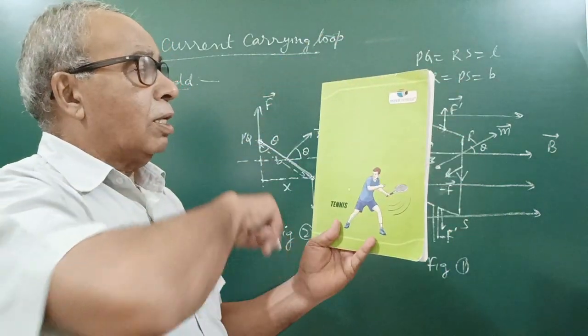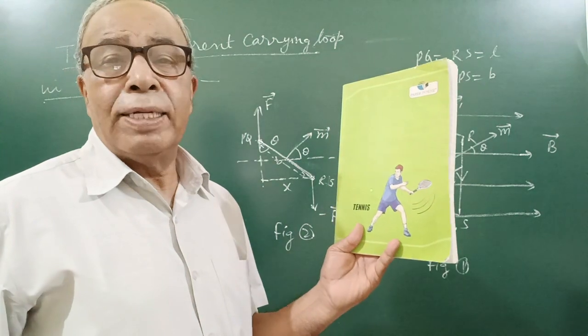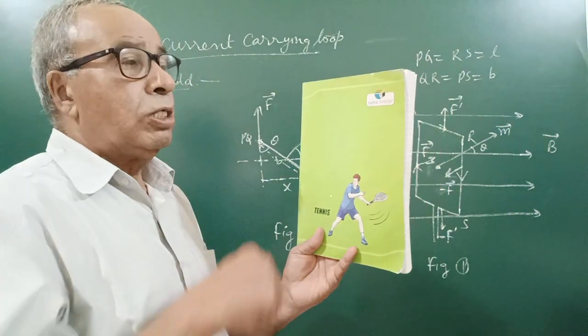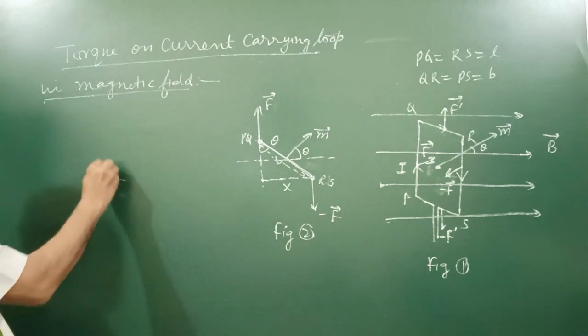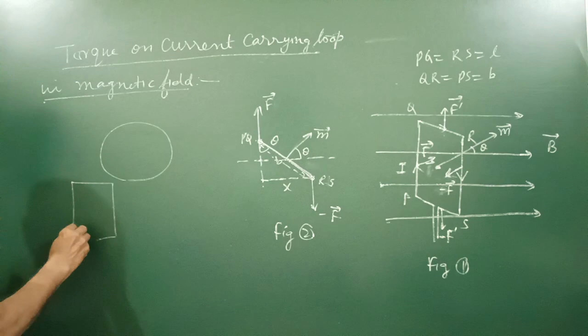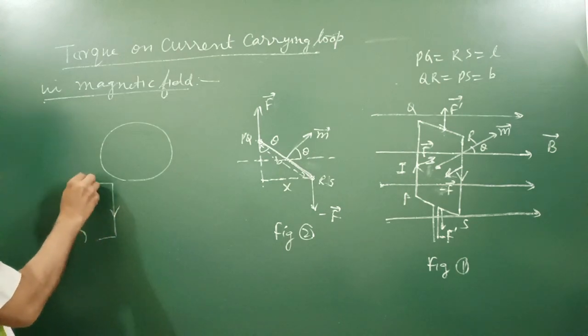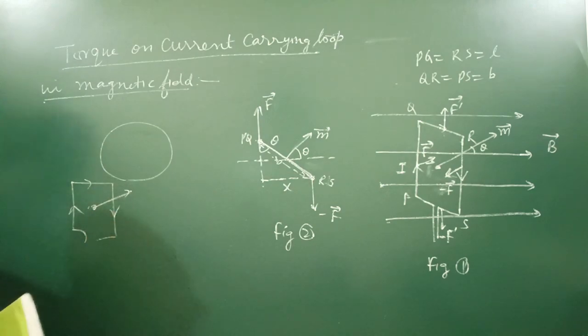Now you know when current flows clockwise, every current loop has a dipole moment which is normal to plane of loop. If this is a loop, maybe circular, maybe rectangular, if current is flowing clockwise, then M is normal to this and into.